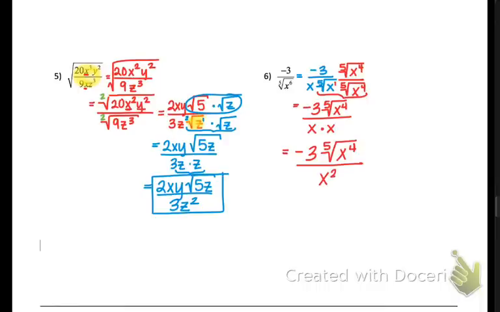So that's one way that you could have done this problem, and that totally works. If you just want to always know, simplify first, do the rest later, that's great.